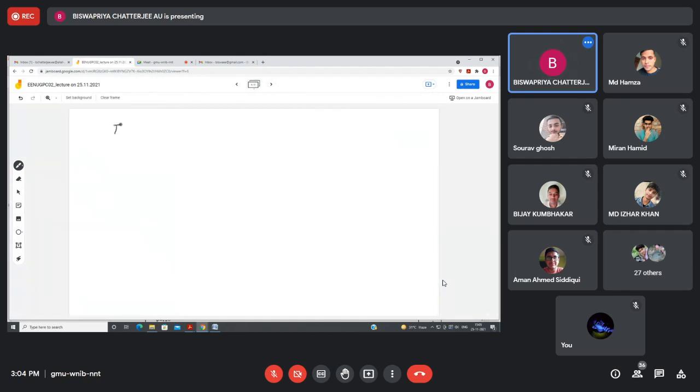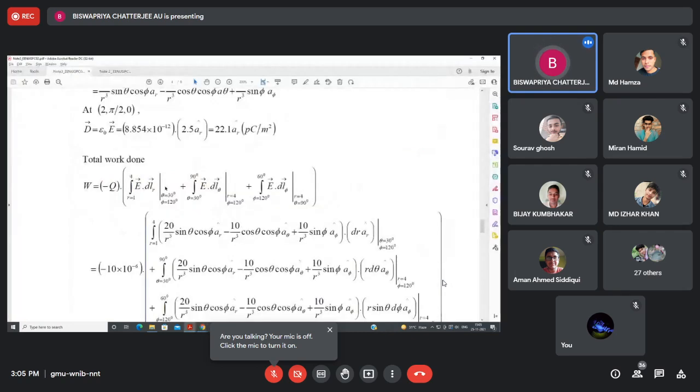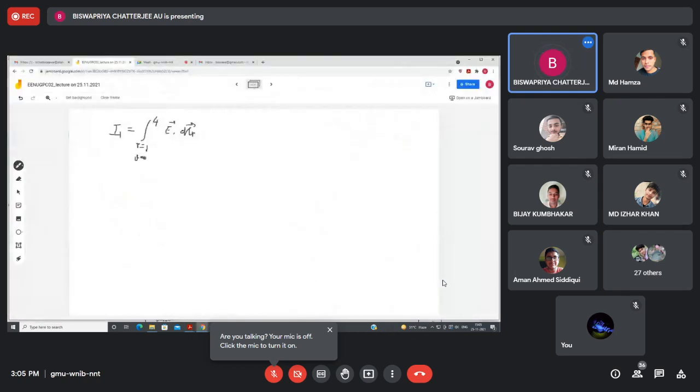So I1 is the integration over r from 1 to 4 of E dot dlr, with theta equal to 30 degree and phi equal to 120 degree.